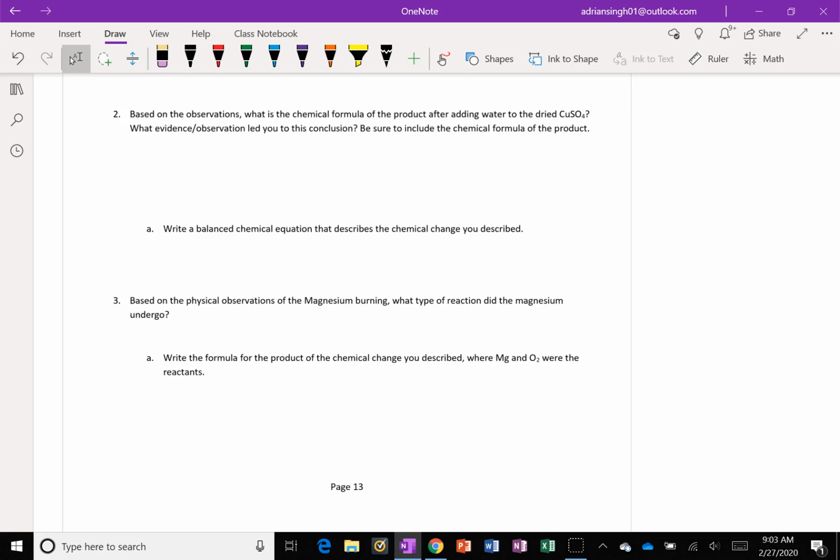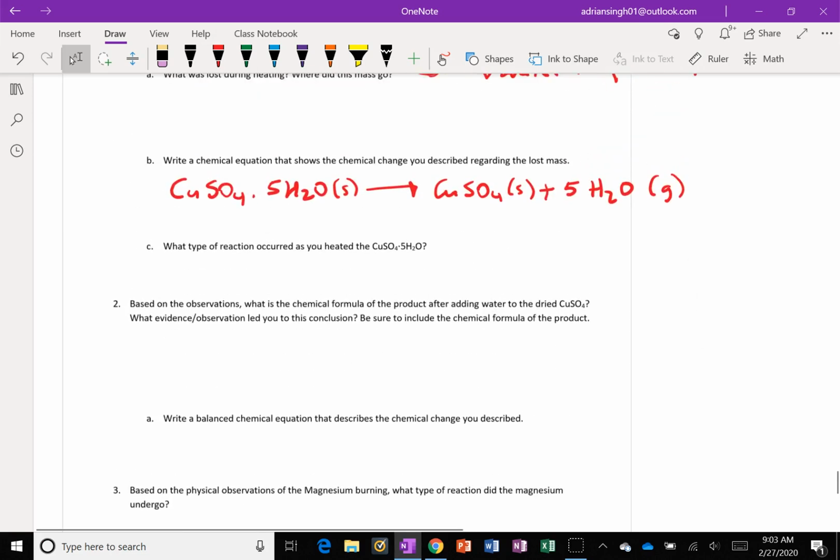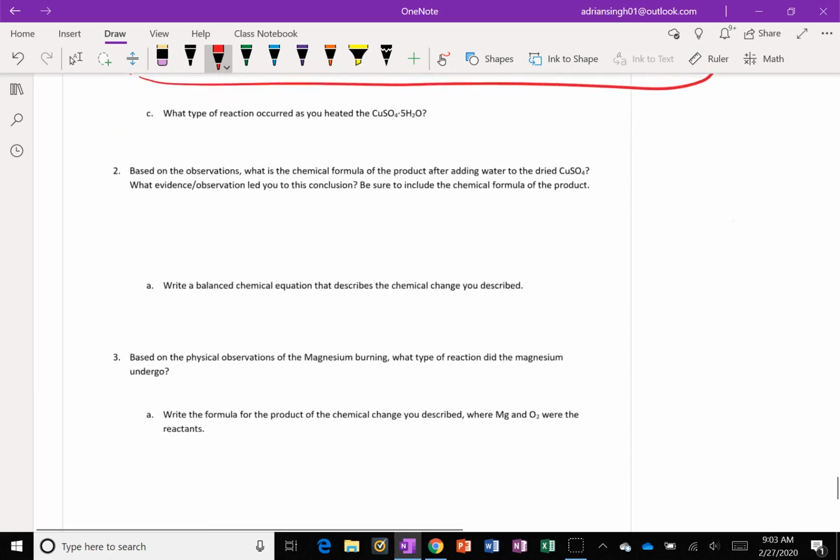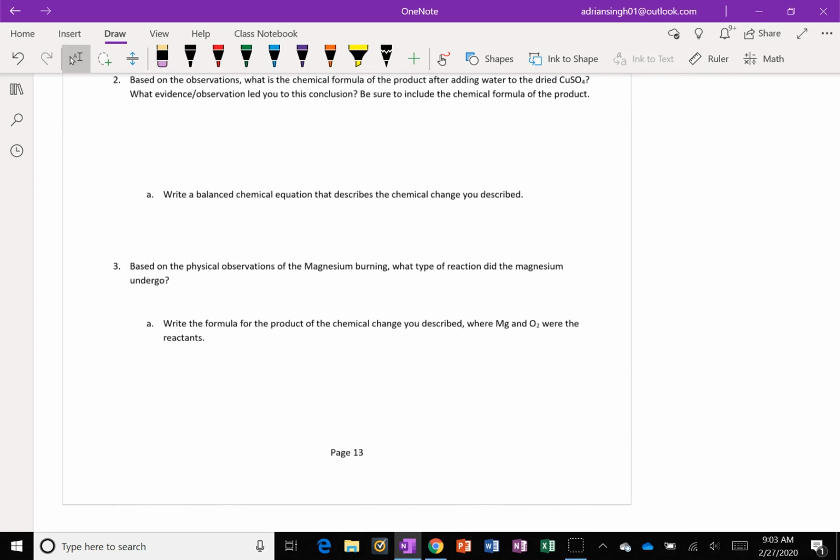When you heated the blue solid, you drove off the water and it changed color and texture. And then afterwards you added water back in and it changed color and texture again to look similar to what you started with, right? So when you added the water, you just did the reverse of that process. The reverse of breaking down is what you did when you added the water back to your dried product.